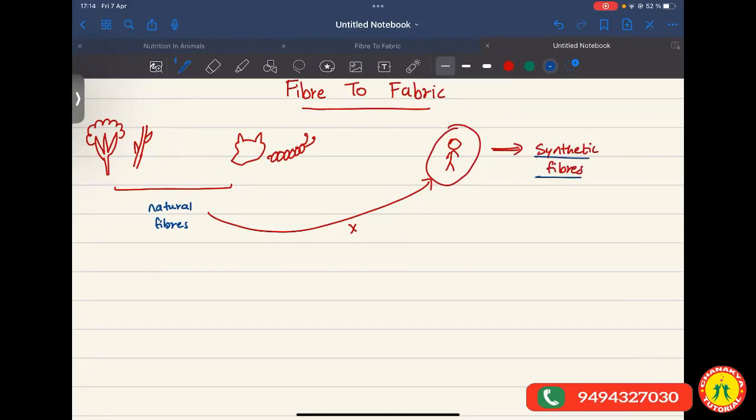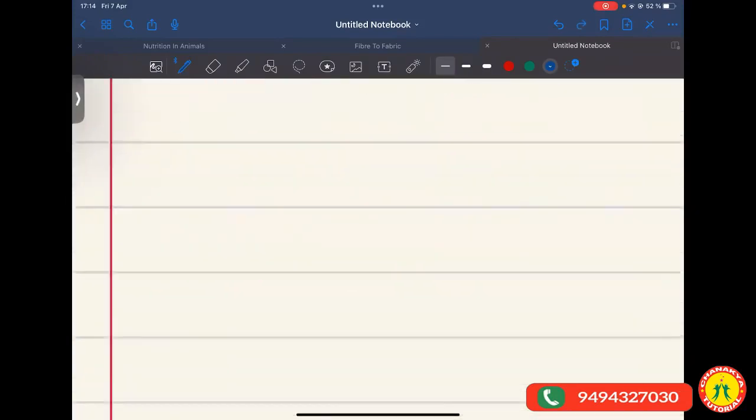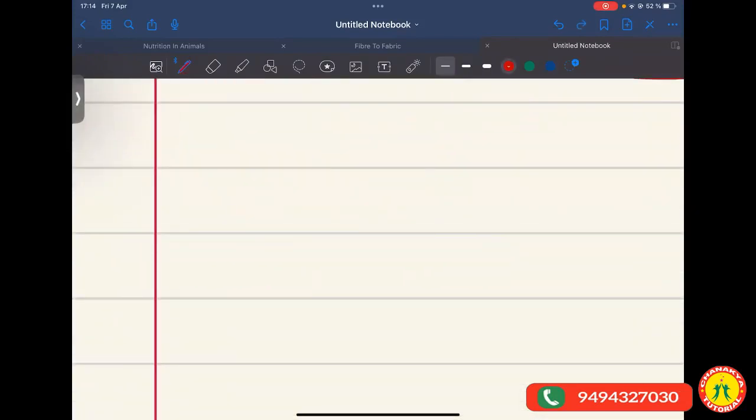All right. So what is fiber and what is fabric? Let's know the basic differences. Fiber is the basic raw material.